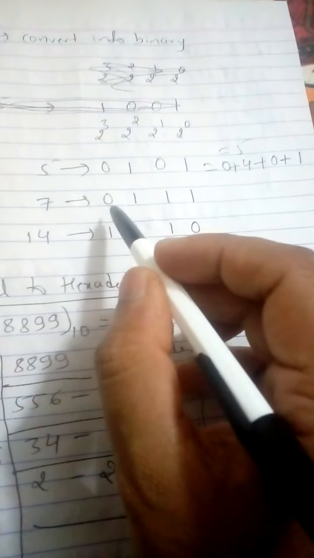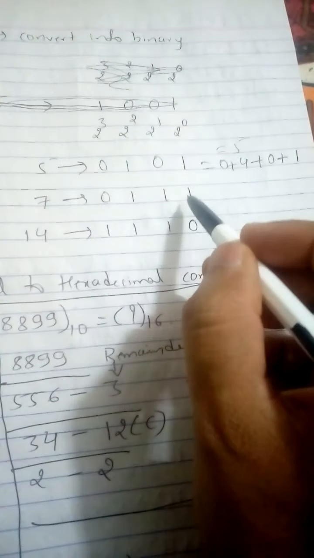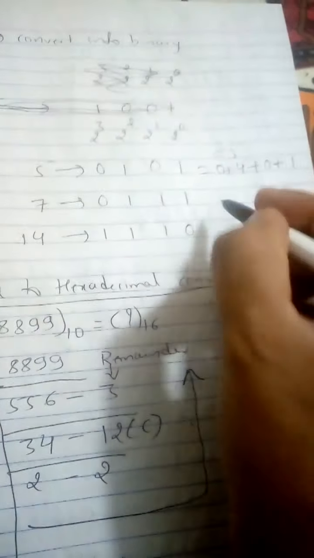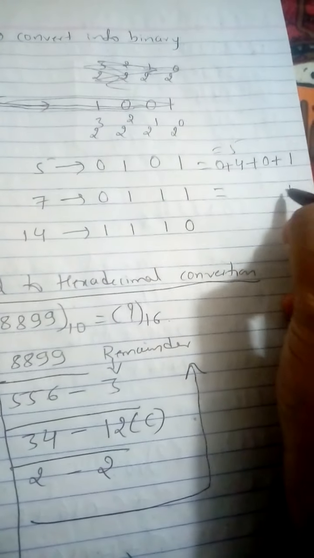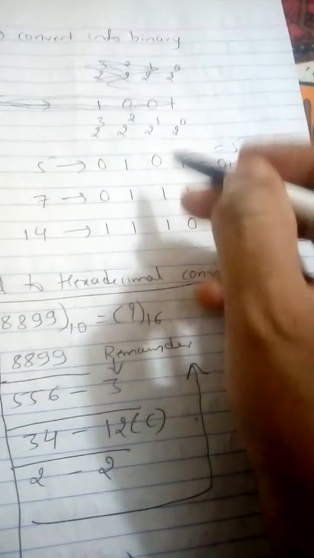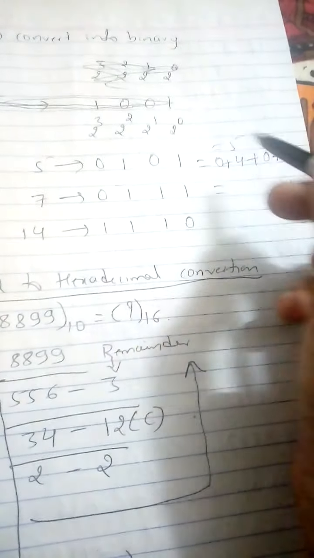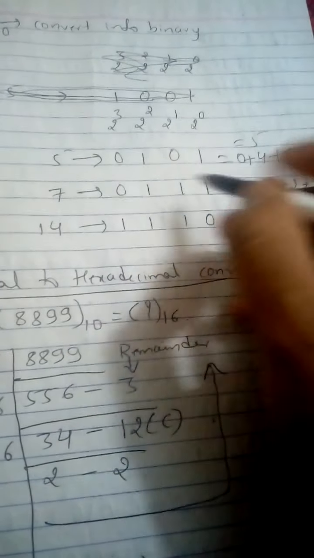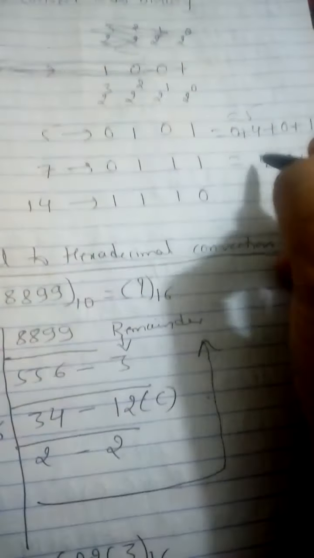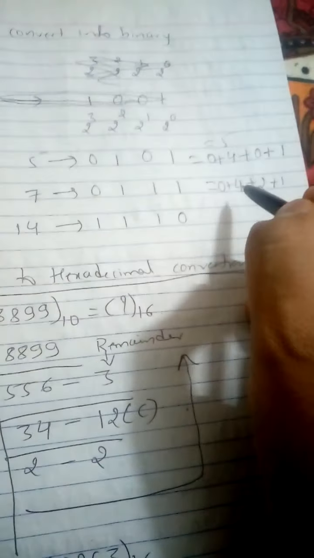I have written 0, 1, 1, 1. So 1 into 2 raised to 0 is 1, plus 1 into 2 raised to 1 is 2, plus 1 into 2 square is 4, plus 0 into 2 cube is 0. After adding these bits, I am getting the answer as 7.